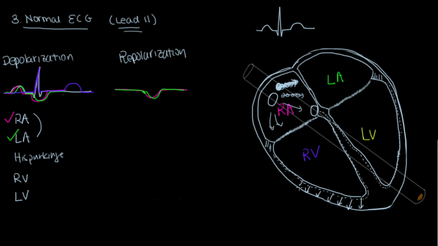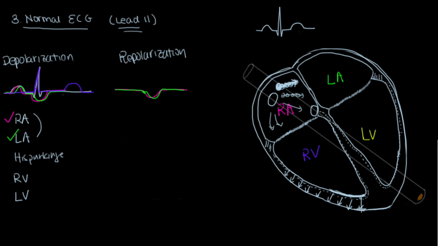What's interesting is that the cells in the interior, the subendocardial portion, basically the cells right at the border of the internal surface of the heart, even though they start depolarizing first, take longer to depolarize overall compared to the subepicardial cells out here.